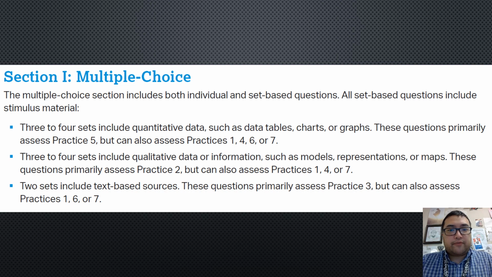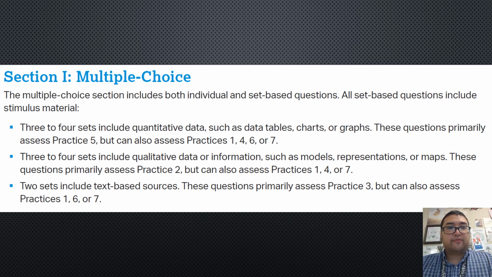So here's just information about the breakdown of the multiple choice with practices. So there's going to be 3 to 4 sets, including quantitative data, so data table, charts, or graphs. And these will primarily assess practice number 5. Okay, so practice number 5 is data analysis.